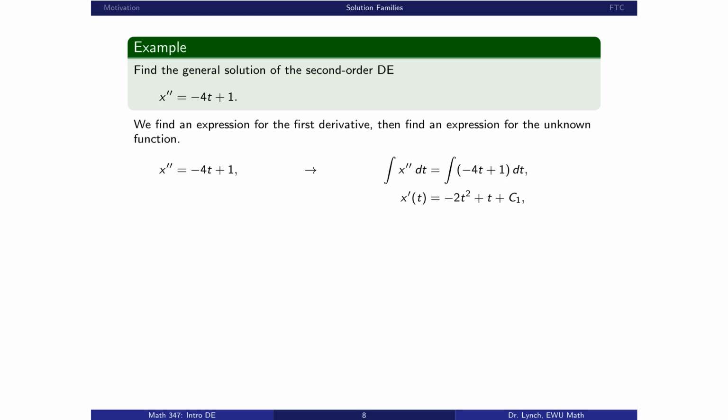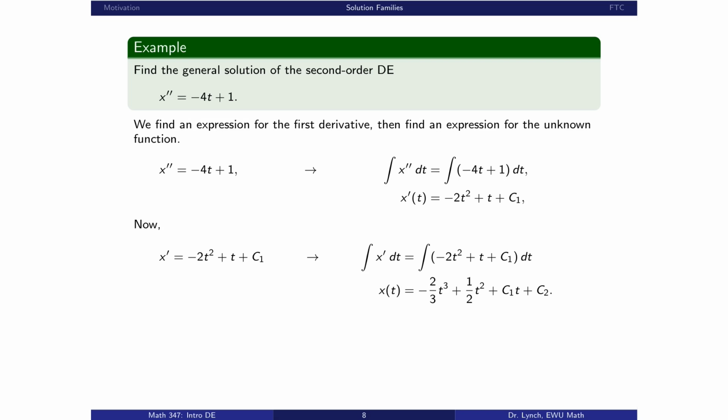Now, similarly, we can integrate x prime to get an expression for x, and we can see that here, C1t plus C2 at the end of the integral. And again, we see the two parameter family of solutions. I haven't said anything about the interval of existence, but of course, polynomials are differentiable for all values of t. So in this case, the interval of existence would be all values of t.